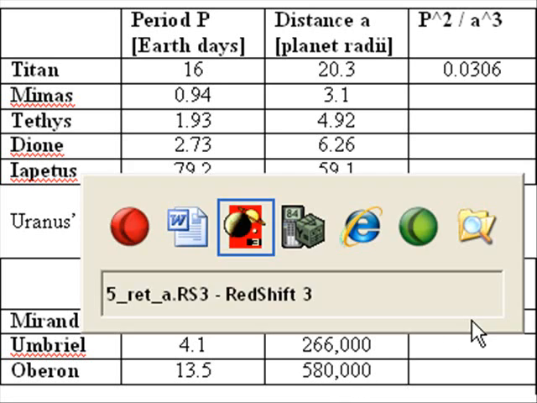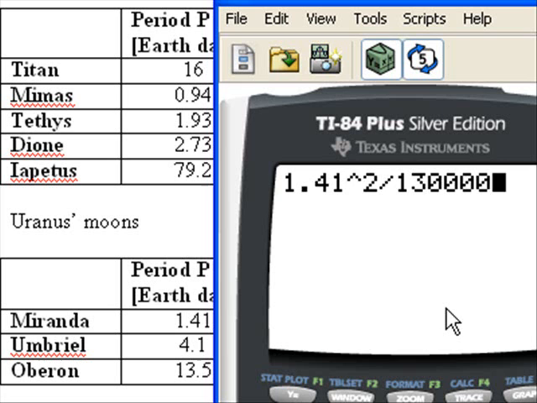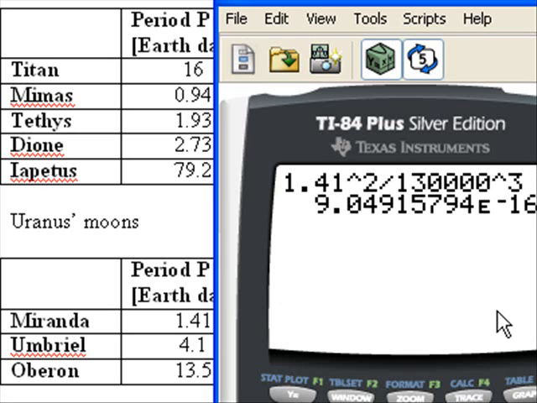And now again we're going to plug in the numbers. So for Miranda we're going to have 1.41 squared divided by 130,000 cubed, and we end up with 9.05 times 10 to the negative 16.